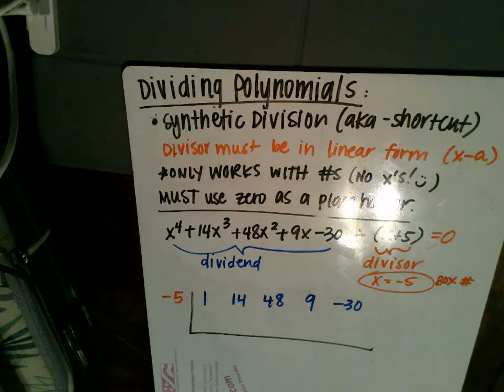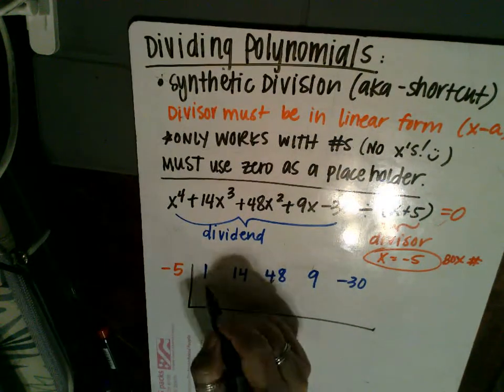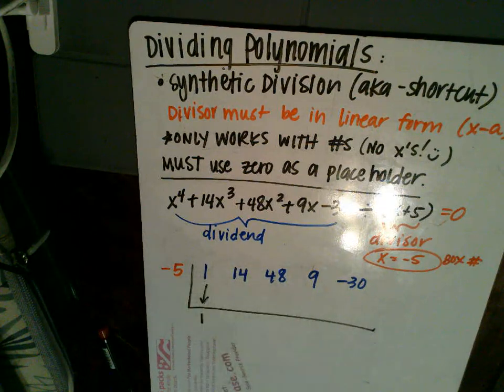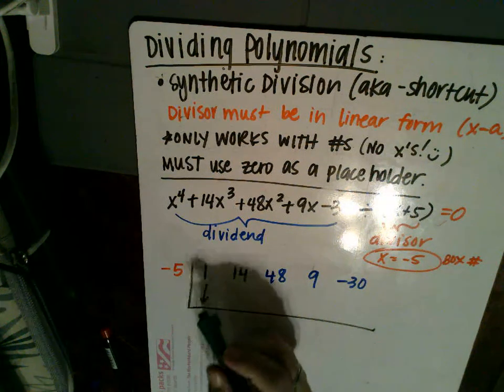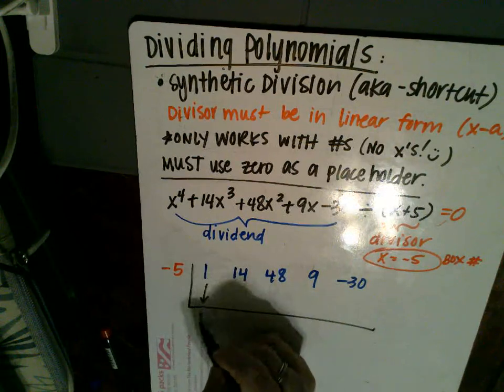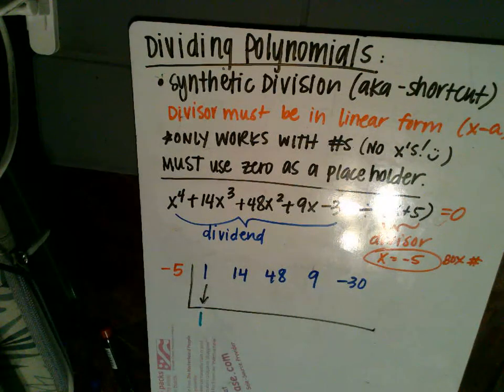And here's how synthetic division works. Pay close attention, okay? The first number always drops down, no matter what. Now here's the trick.